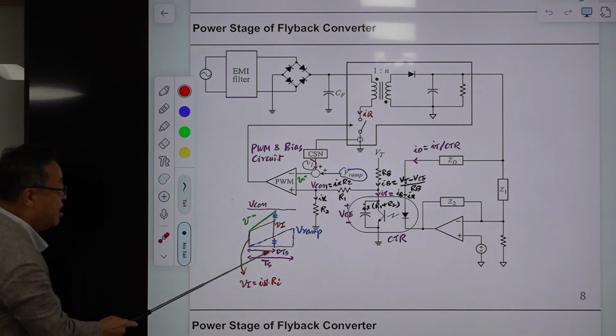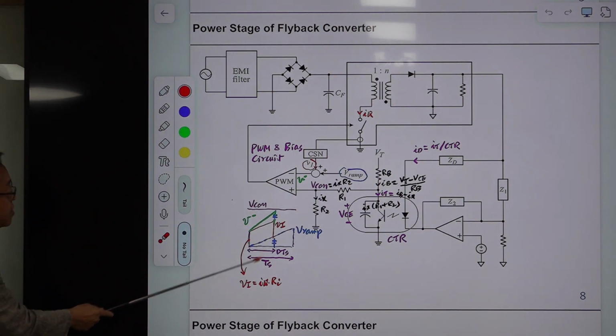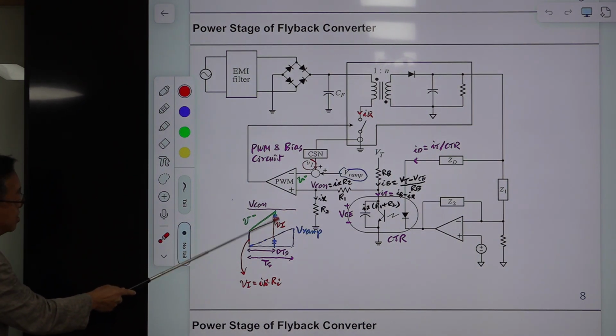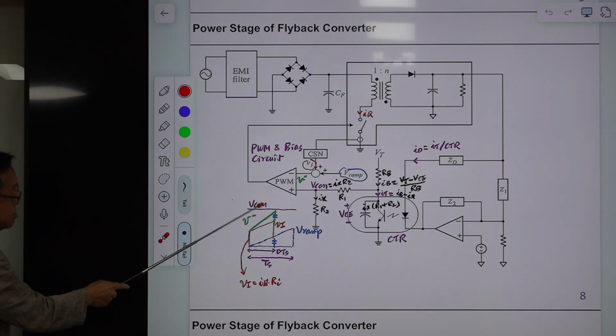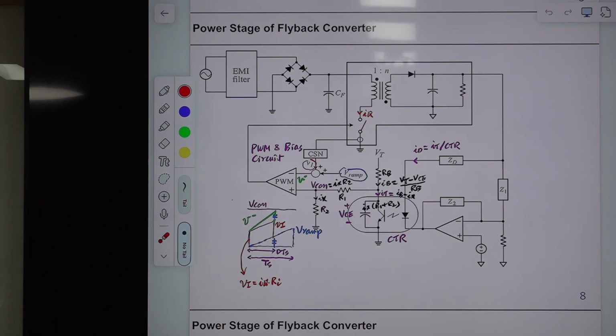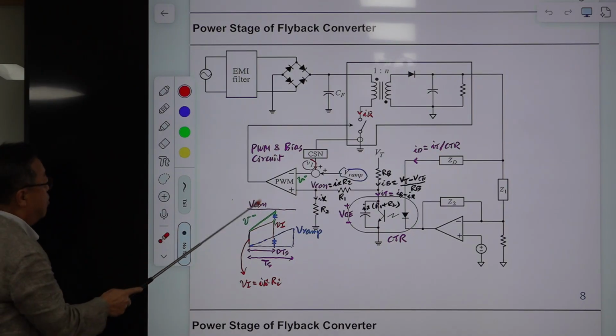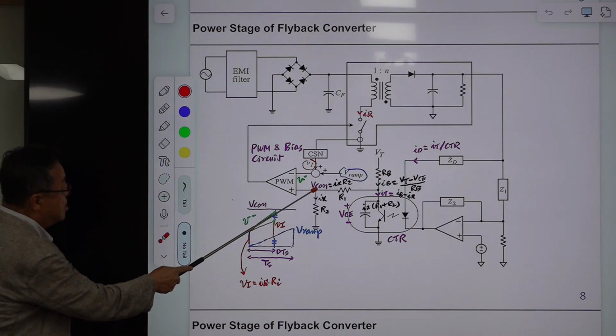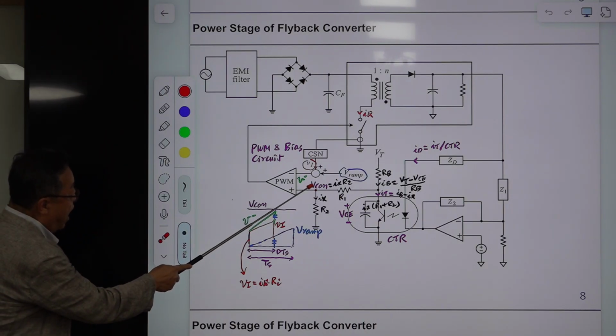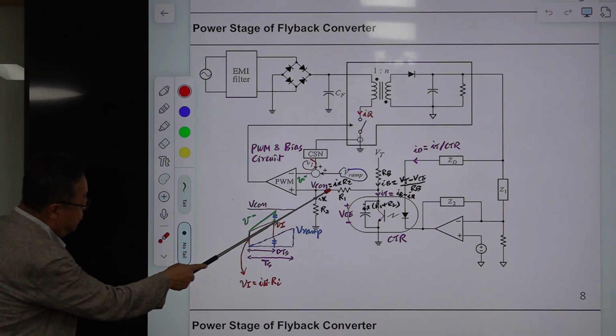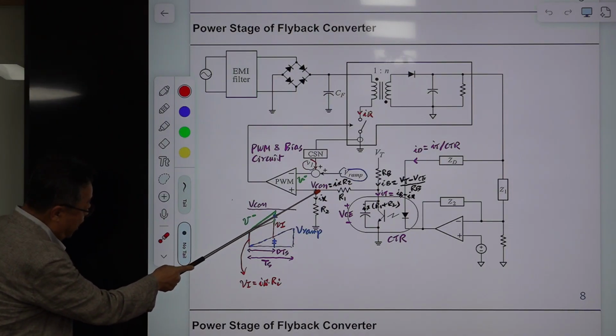So this D is fixed. Then this and this and this is fixed, so Vcon is the first variable you can calculate. The control voltage Vcon is fixed. Then Ix is flowing through this, and it cannot go there.